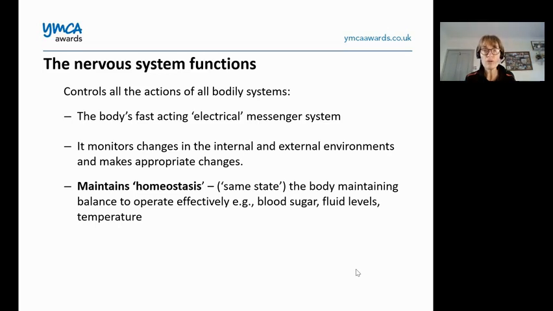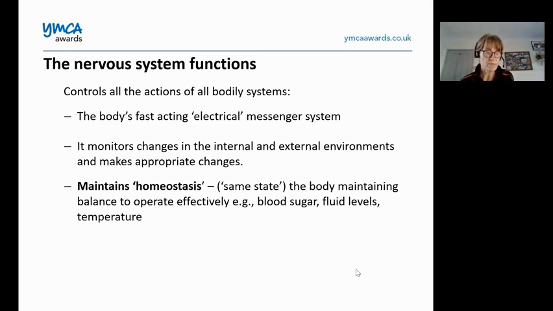So its role is to monitor both the internal and external environments in the body, and the messages that are received from various receptors that we have around our body come into the nervous system, and they then need to be interpreted, and then the appropriate motor response can be made.